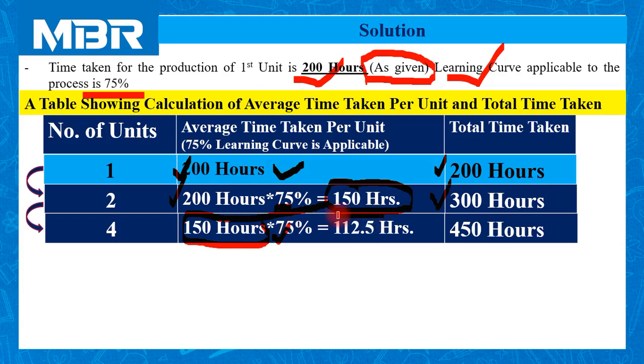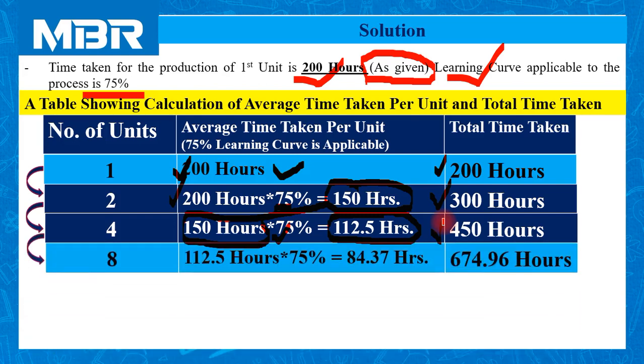So average time required per unit is 112.5. Total time taken: 112.5 multiplied by 4 units, so total 450 hours.